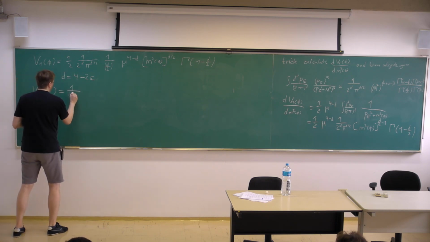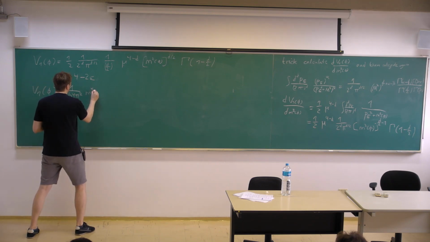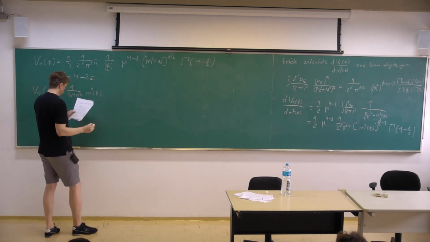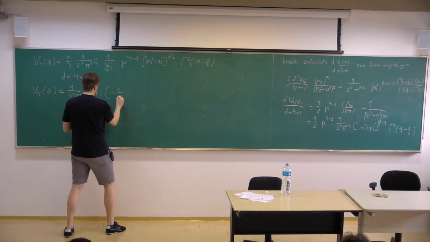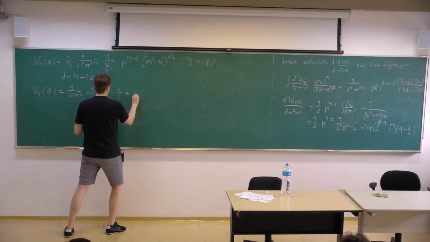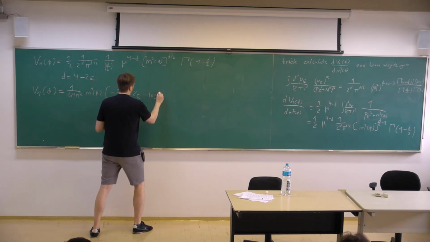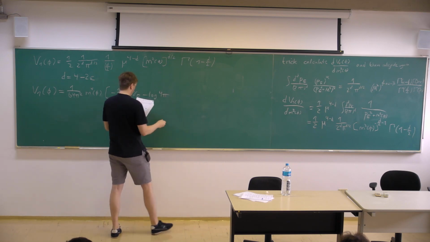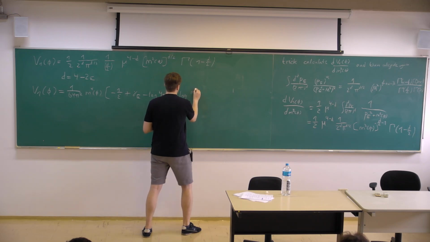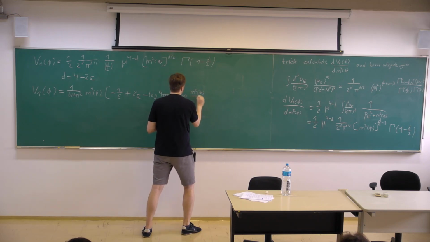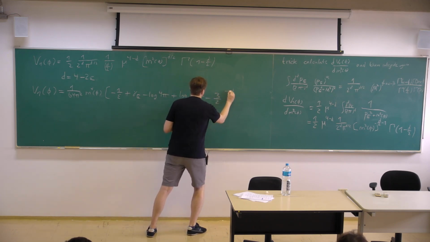1 over 64 pi squared, m to the 4th of phi. So 1 minus, okay.